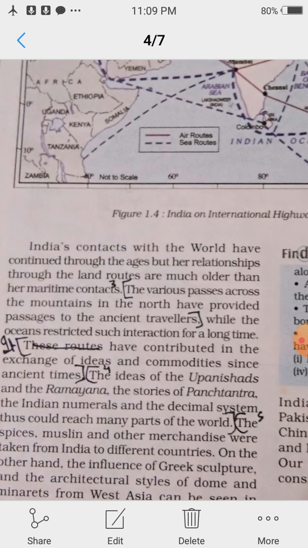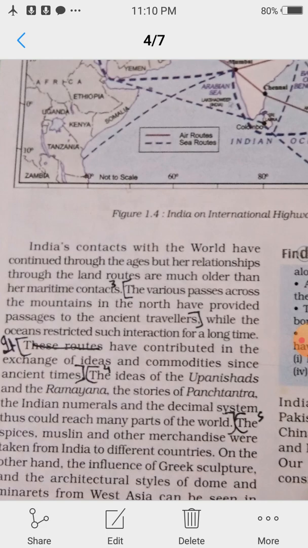The spices, muslin and other merchandise were taken from India to different countries. Muslin is a kind of fabric which was very popular in the world from India.